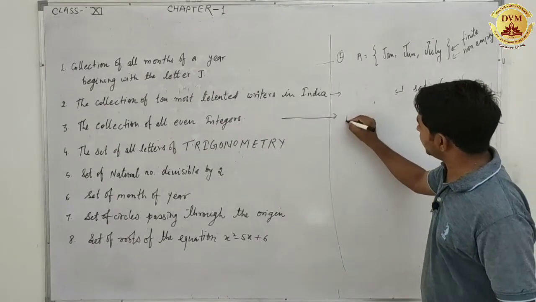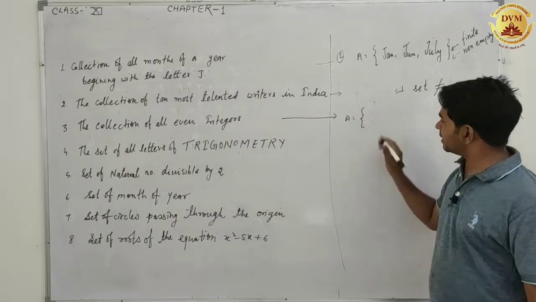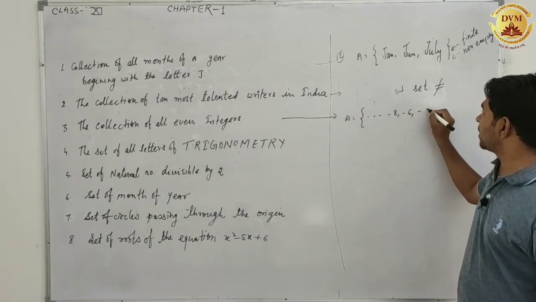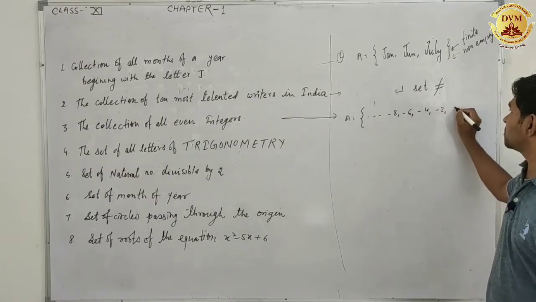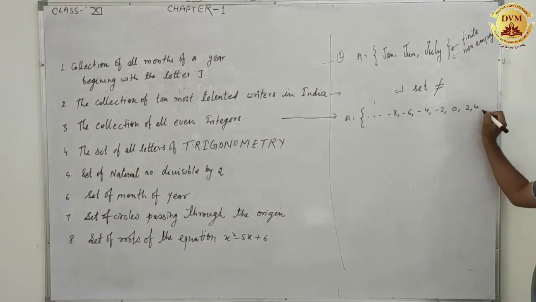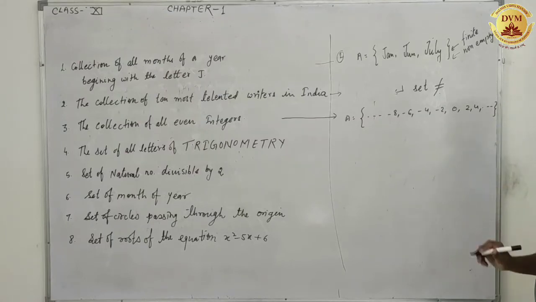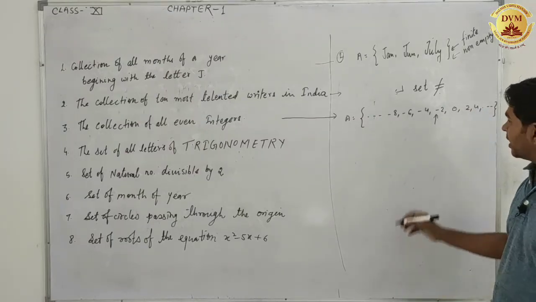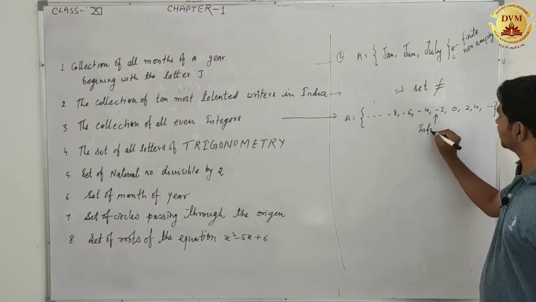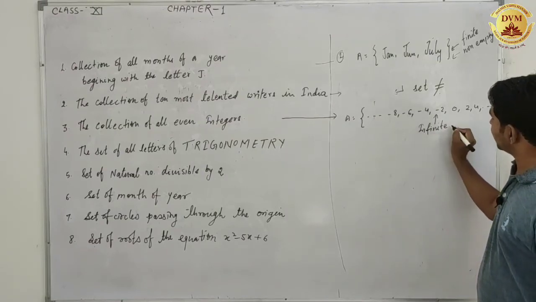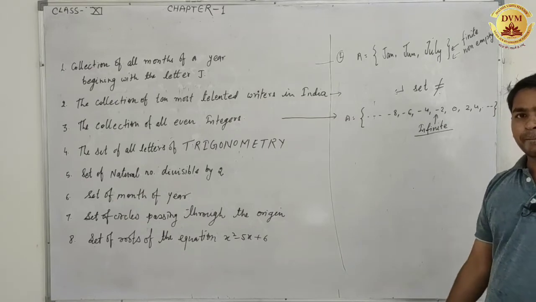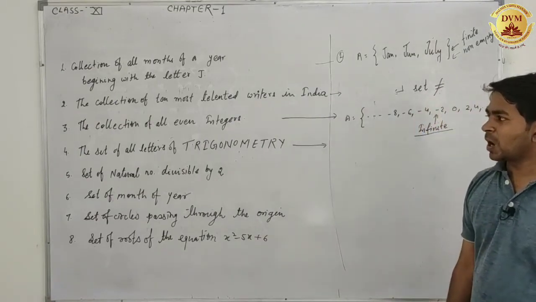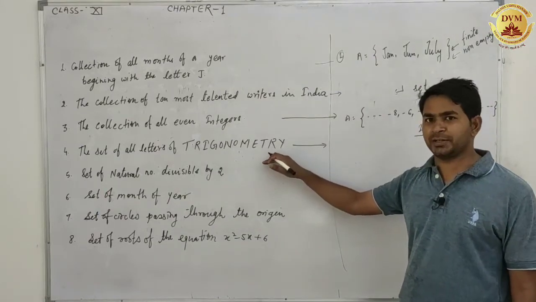So I am writing the set: -8, -6, -4, -2, 0, +2, +4, and so on. There are infinite elements in this set, so it is an infinite set.